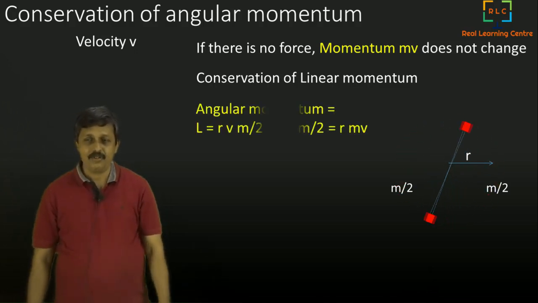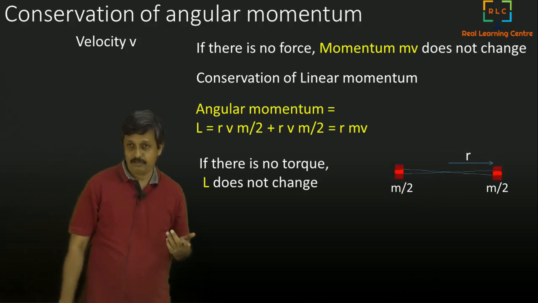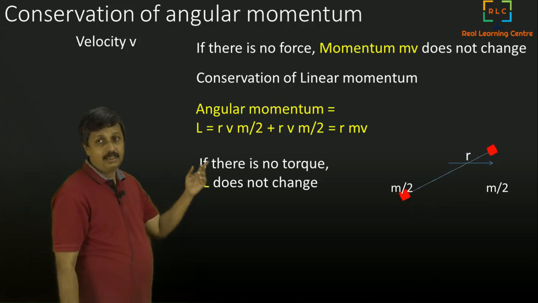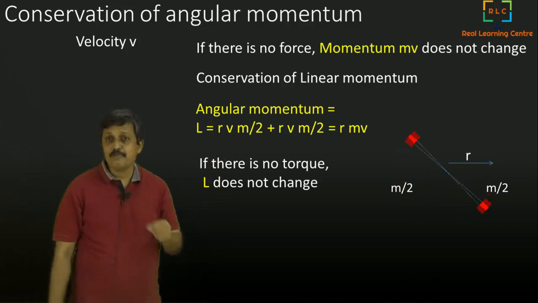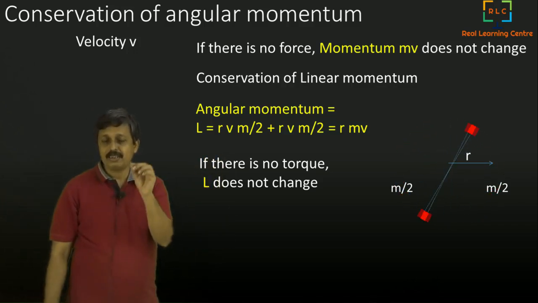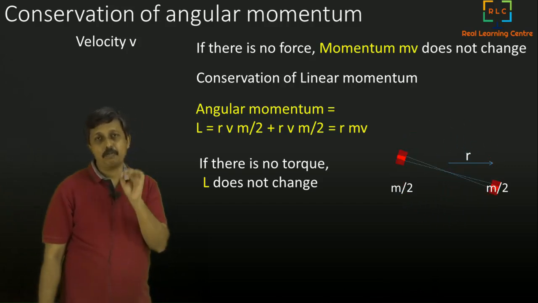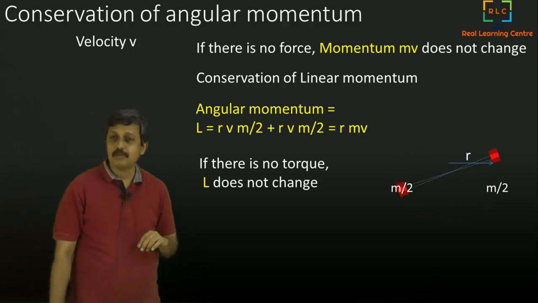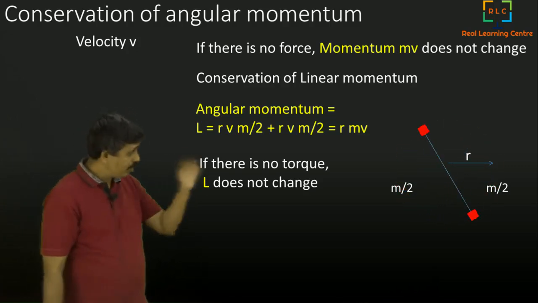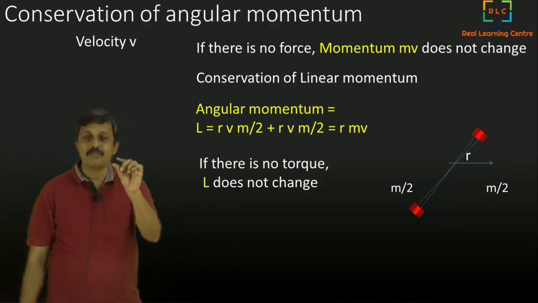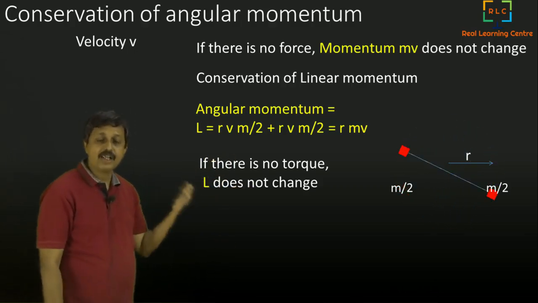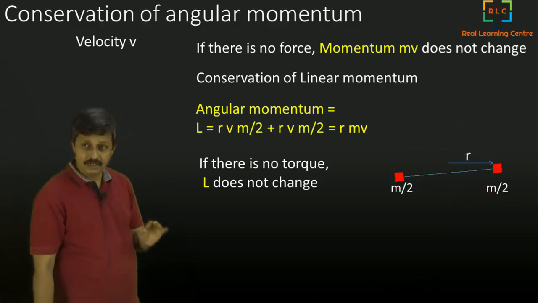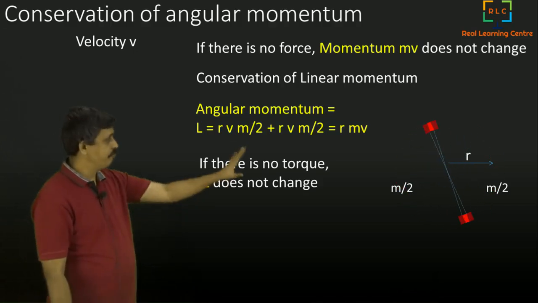L is equal to r into v into m by 2. Here m by 2 into v is the momentum, and momentum into arm length r gives the angular momentum of one of the objects. The other object is another m by 2. Add together, you get r into m into v, which is the angular momentum of the whole system.